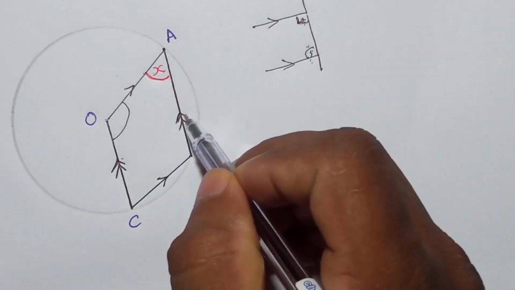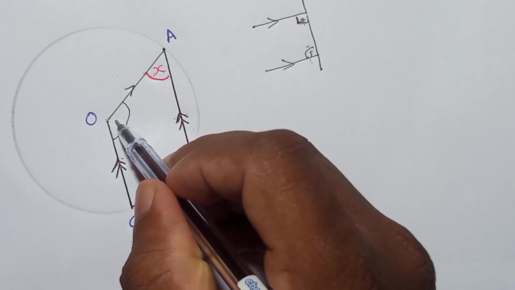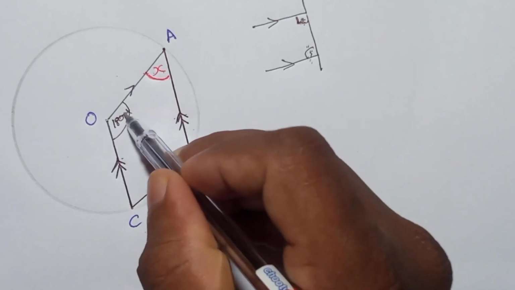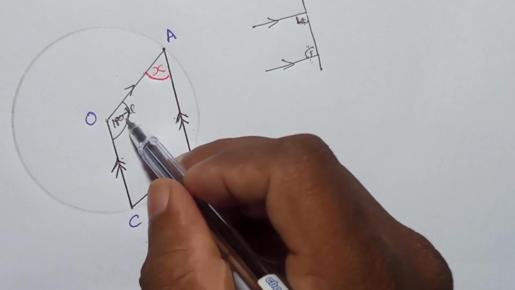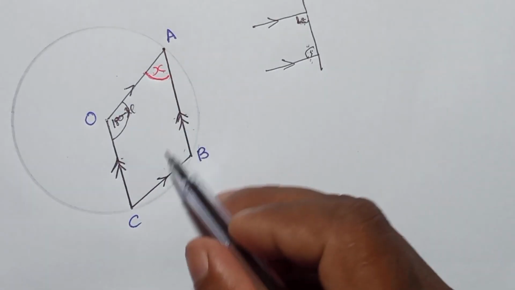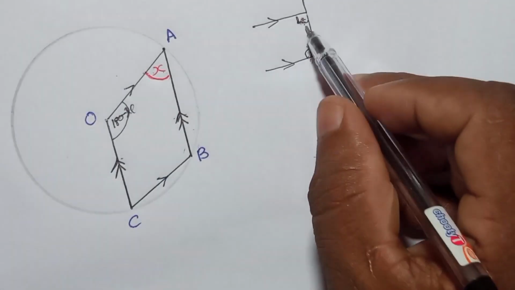Now these two lines are parallel, no? So if this is x, you can name this as 180 minus x, right? Same way, if this is x, this also you can name like that. I mean this line and this line are parallel, no? This plus this.